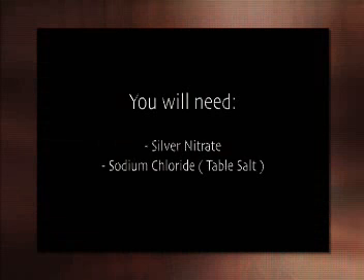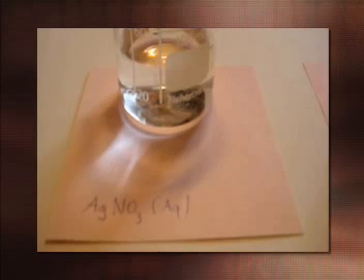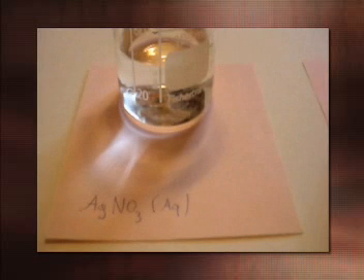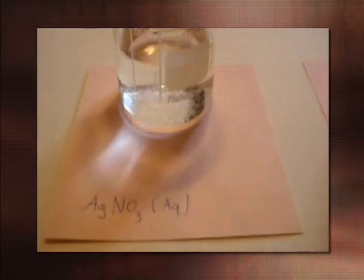For this synthesis you will need silver nitrate and sodium chloride, which is table salt. Here is the silver nitrate. Make an aqueous solution of silver nitrate by dissolving 2 spoons of silver nitrate into 50 milliliters of water.